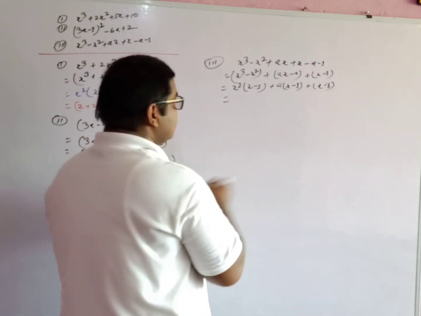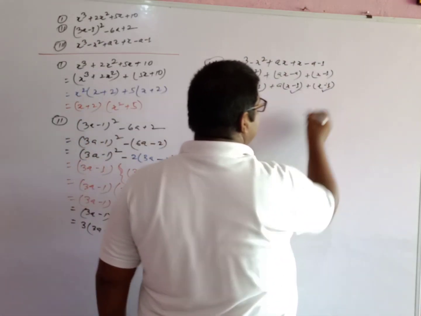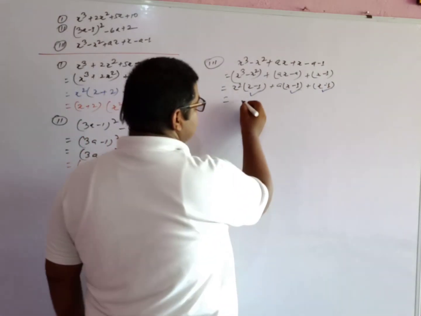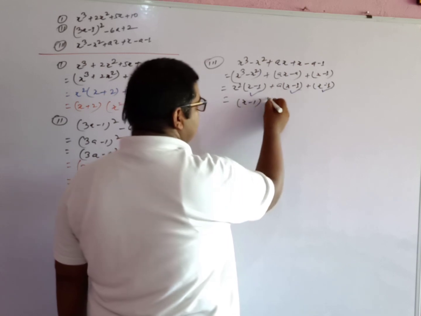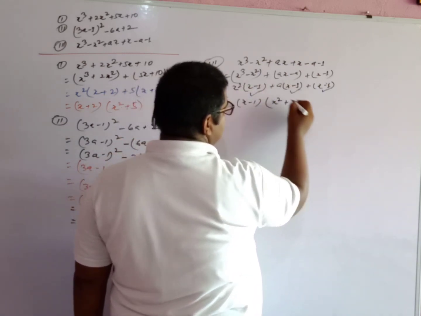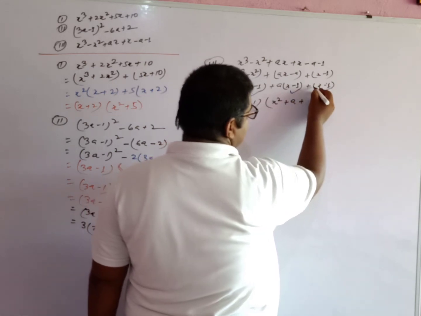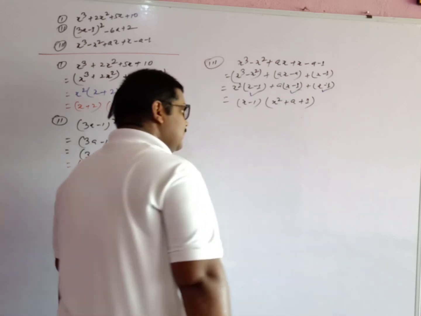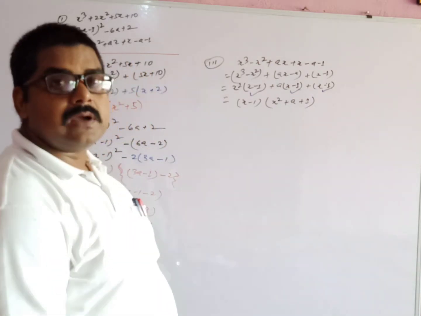You can see that x minus 1 is present in all three terms. So you have to take x minus 1 as common. Then what is left in the first term? X squared. In the second term, plus a. And what is left in the third? Nothing means 1. That is the solution of the third one.